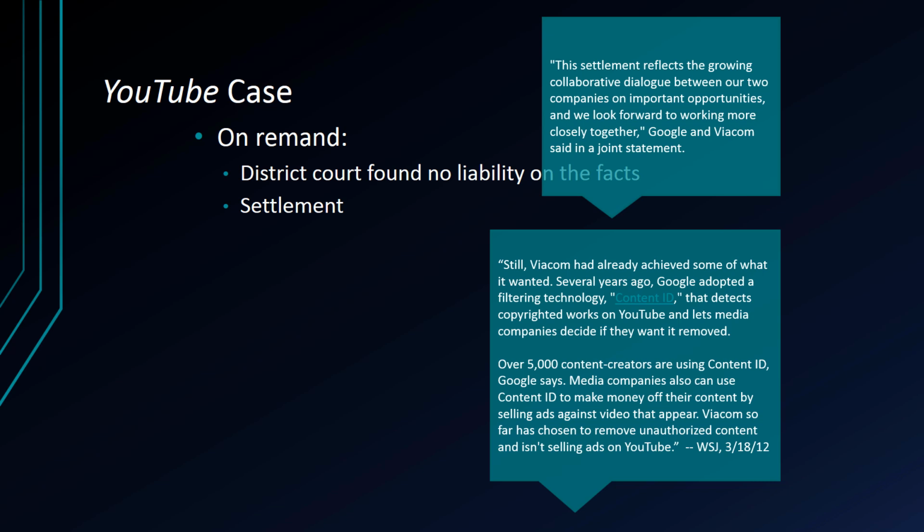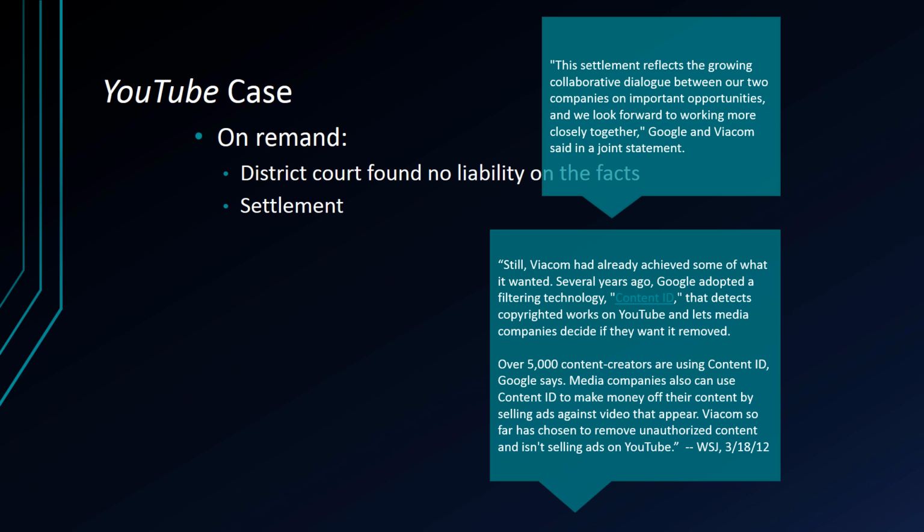They may use it to take the content down. They may use it to sell ads against their content. So a really interesting way in which this collaboration is affecting what is really supposed to be this user-generated space, and is, but nevertheless has this significant overlay of big media companies watching it.